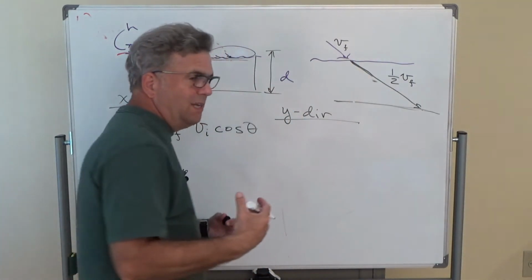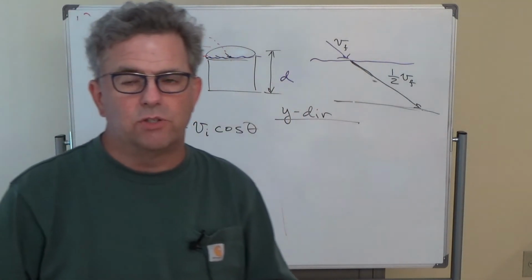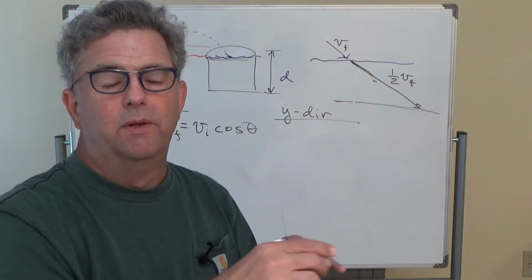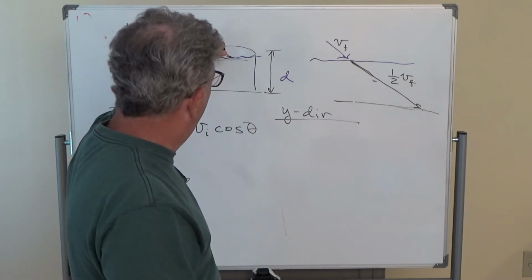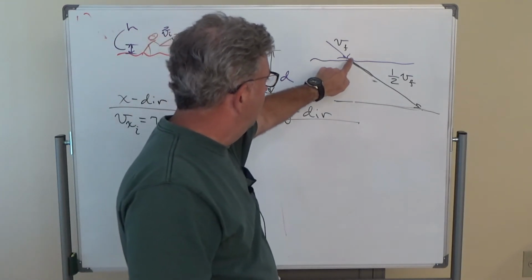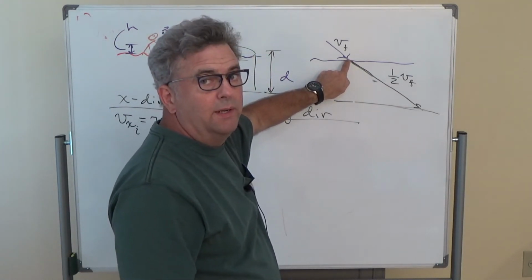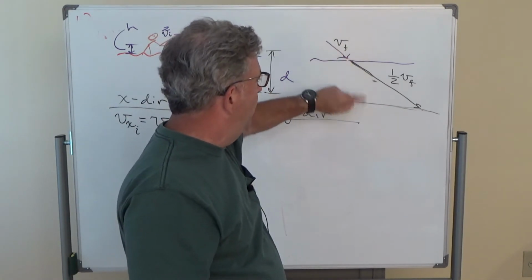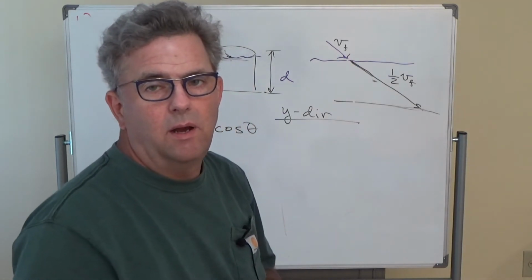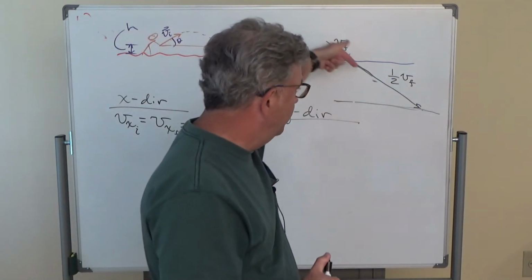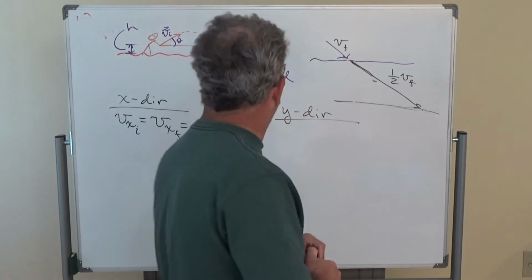So you're breaking this up into two parts. What's happening is you're solving this projectile problem from the point when it leaves the boy's hand and right before it impacts the water. Then once you have V final, then you can solve for what happens as it enters the water, okay?